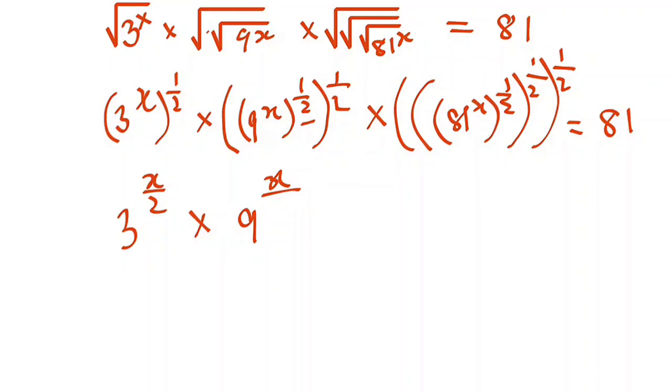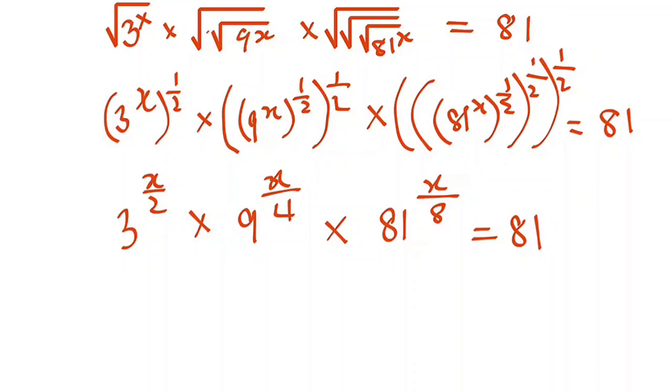We're going to have 1 over 4, multiplied by 81 to the power of x times 1 over 2 times 2 times 2, we're going to have 8. Then it equals 81.